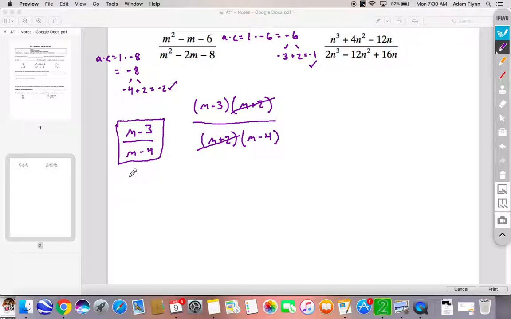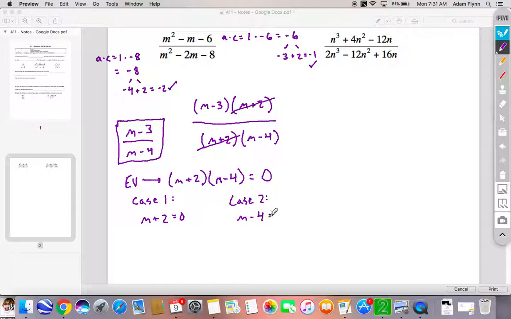Okay, and now for excluded values, I'll take my denominator, which is m squared minus 2m minus 8, but again I factored it down here, to m plus 2 times m minus 4, and I'll set it equal to 0. So I've got case 1, m plus 2 equals 0, and case 2, m minus 4 equals 0.